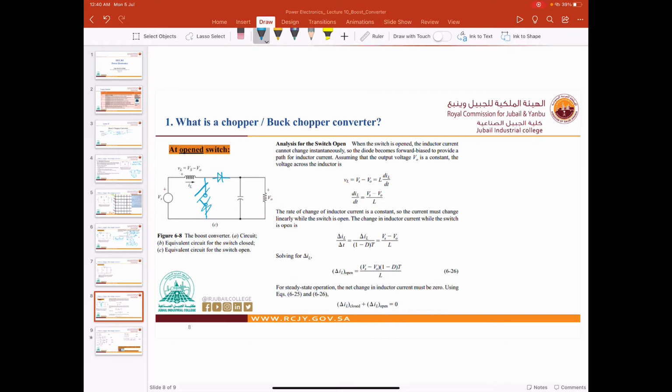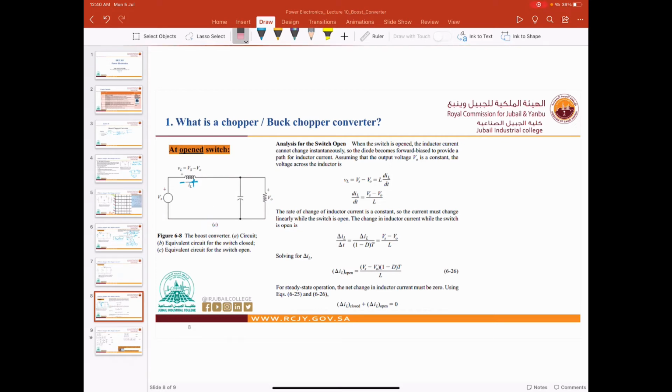Because the inductive load is now discharging. That's why the polarity will flip, and we have positive here and negative from the supply. So that's why the diode will act like a closed wire, and it will act like forward bias, and we have a closed wire.